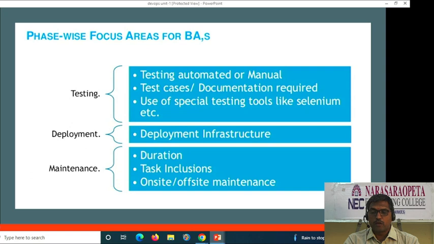In the case of deployment infrastructure, you test according to the customer requirements. Then there is maintenance: duration, task inclusions, and on-site and off-site maintenance. So these are all the business analysis areas. Then you have to focus on the areas of the business environment. So these are the different SDLC phases.